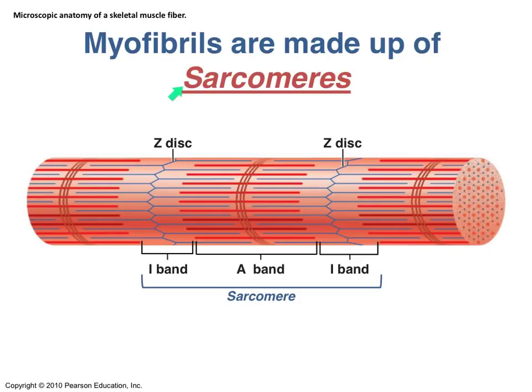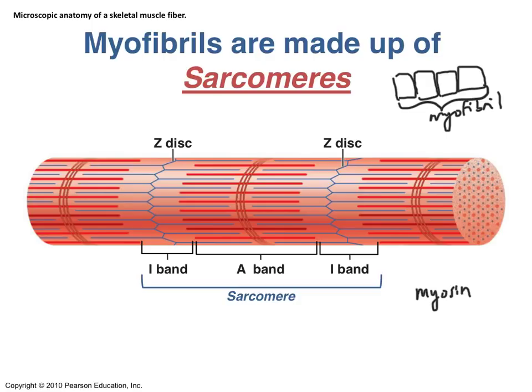The sarcomere is the smallest contractile unit of a myofibril. So if you take a bunch of sarcomeres and you line them up end to end, you have a myofibril. Each sarcomere is made up of a regular arrangement of protein. The primary proteins we're going to be concerned with are myosin, represented here in red, and actin, represented here in blue.